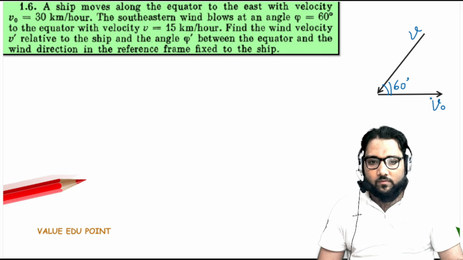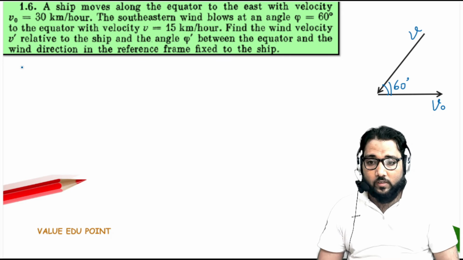Now find the velocity v dash relative to the ship. Guys, so find the wind velocity. Now we have to calculate v dash relative to the ship.